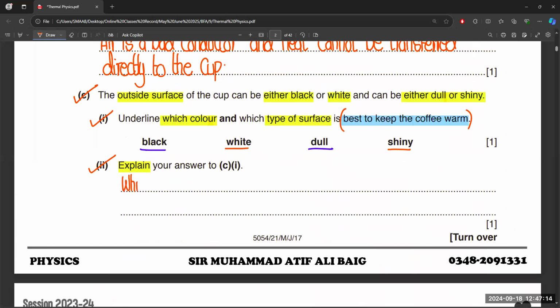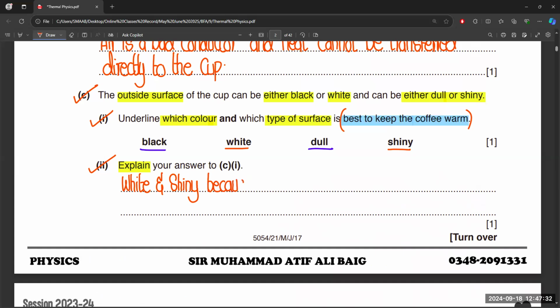Sir, why white? White and shiny. Okay. Basically, white color or bright color are good reflectors, right? And bad absorbers.